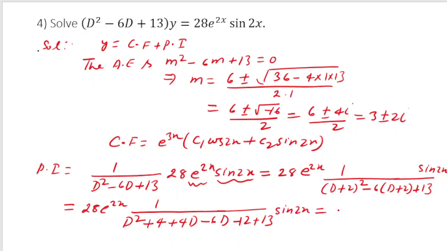So this is equal to 28 e to the power 2x 1 by D square as such, 4D minus 6D, that is minus 2D, and 4 plus 13. So 4 plus 13 is 17, 17 minus 12 is plus 5, that I operate on sin 2x. So now I have to move to the next page. So let me continue over.